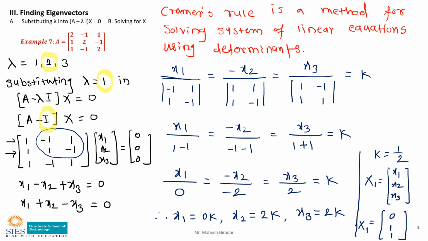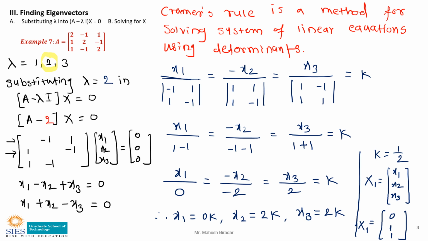So let us start. So here instead of lambda is equal to 1, I'm going to write lambda is equal to 2. Okay, let us do the changes. So here lambda is equal to 2 now.